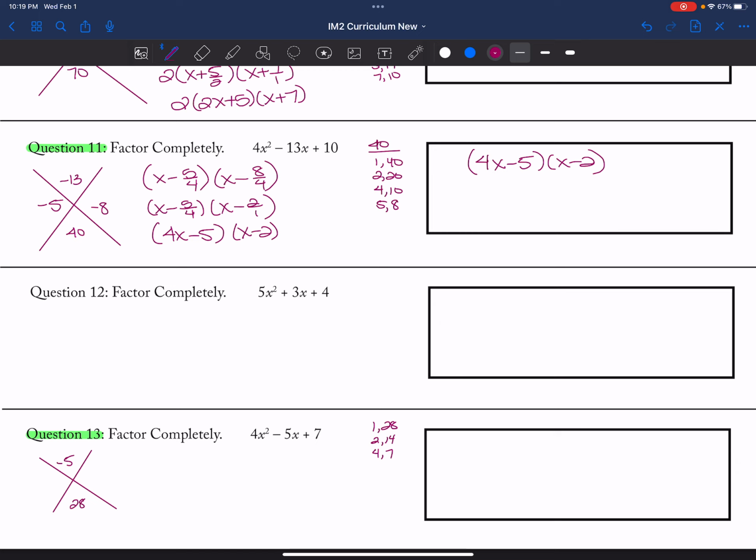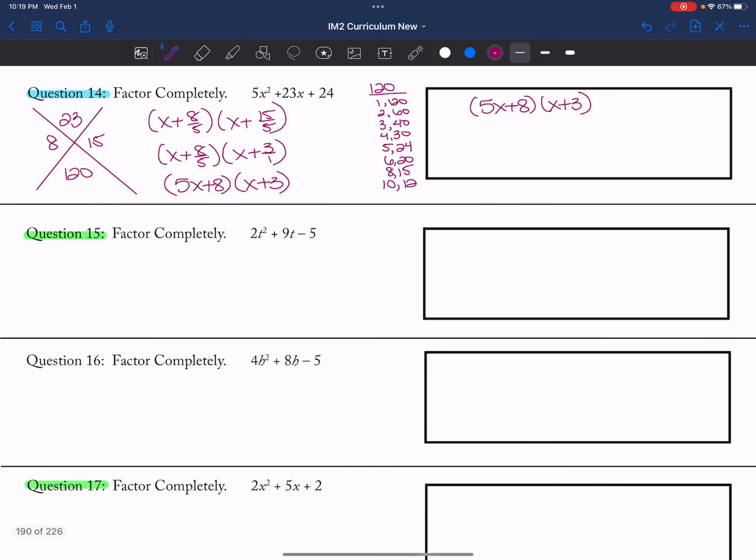And this does not look like it factors. So this is prime. Okay. 15. 9 in the top, negative 10 in the bottom, so that would be a positive 10 and a negative 1.